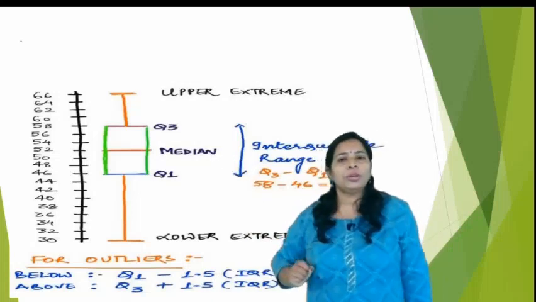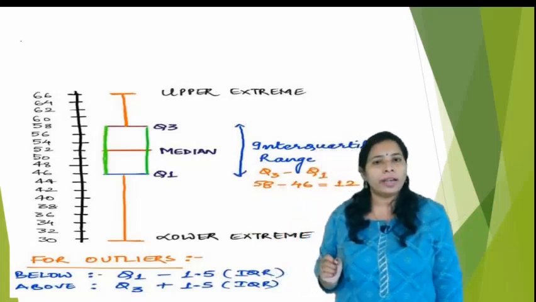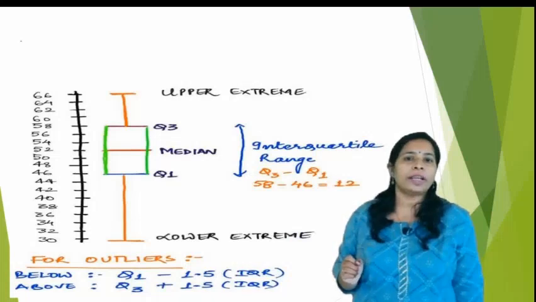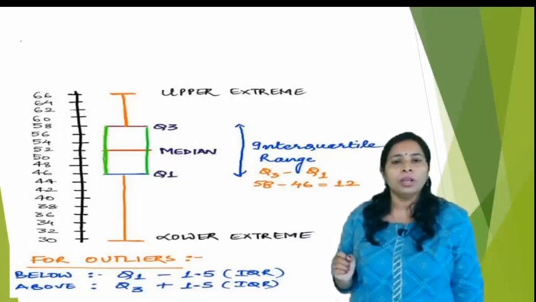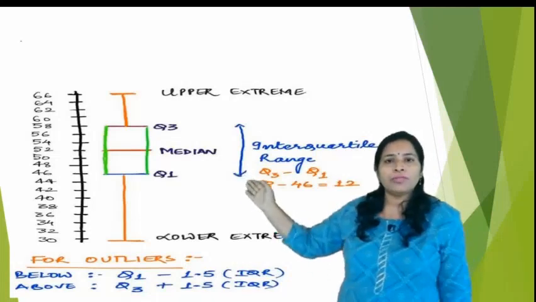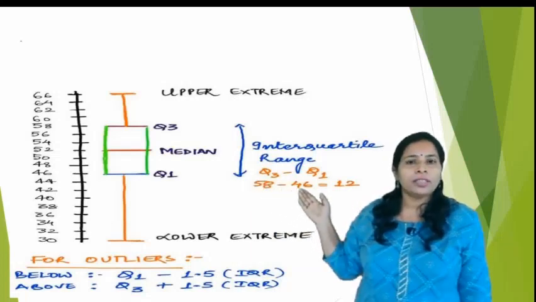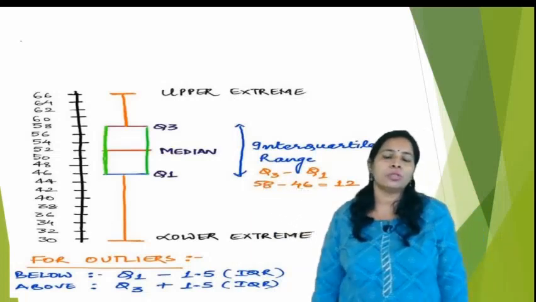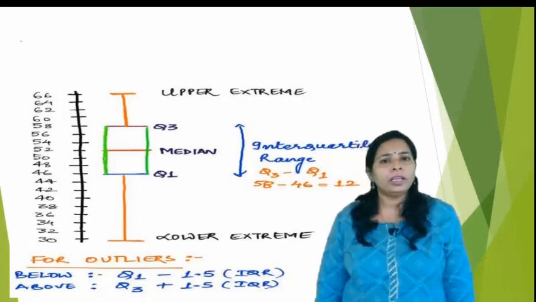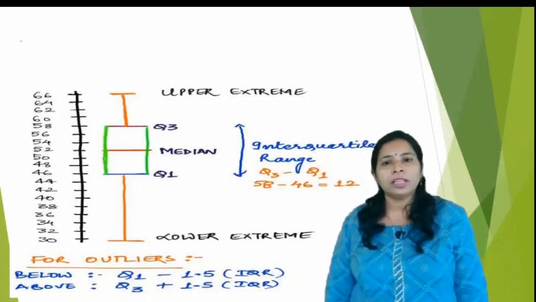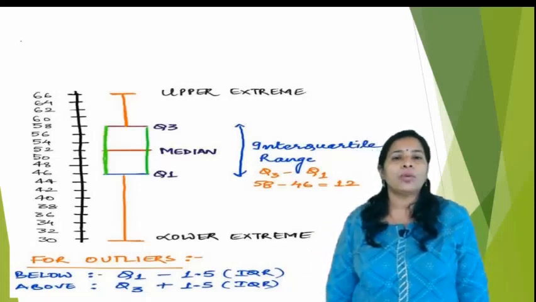If you want to calculate the interquartile range, the formula is Q3 minus Q1. For this data set, Q3 is 58 and Q1 is 46, so the interquartile range is 12. To find the upper fencing and the lower fencing, you use the interquartile range.